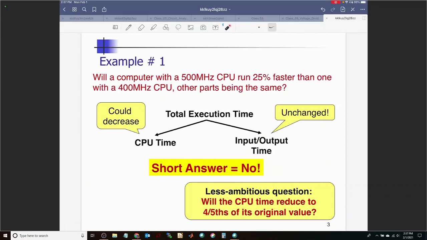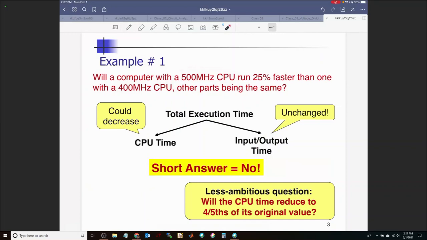With everything else being the same, can I say that or not? Now, the short answer is no, and here is the reason why. Even though this computer is 500 megahertz and this one is 400 megahertz, the clock rate alone does not determine whether the computer is overall faster or slower, because there are other things involved.